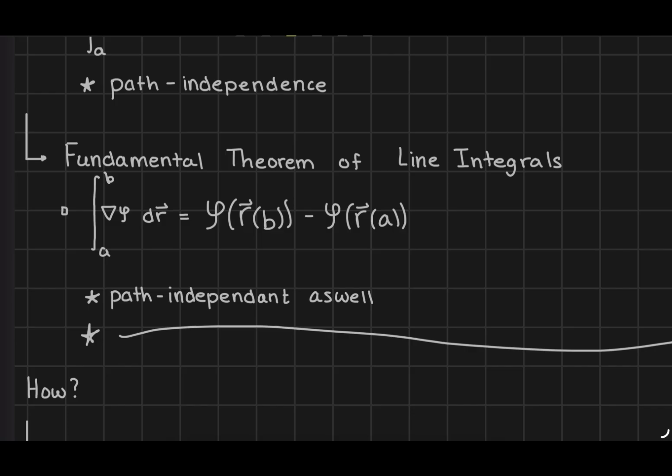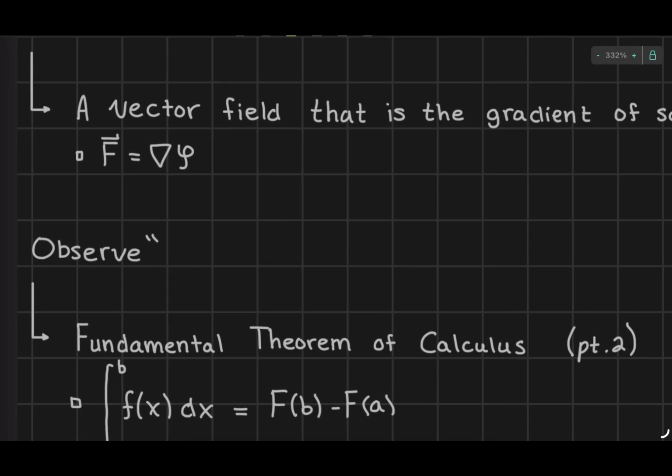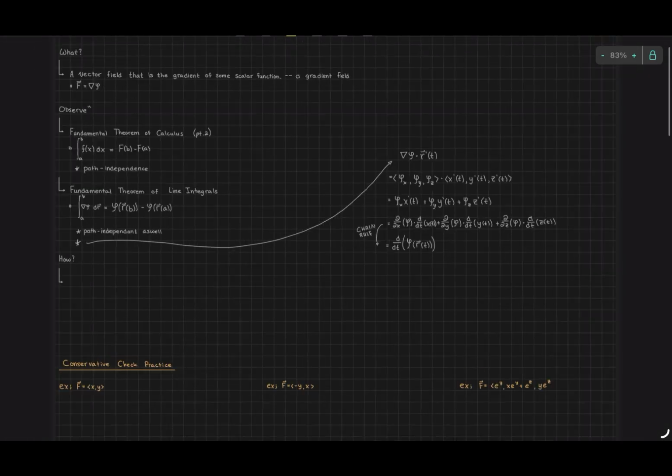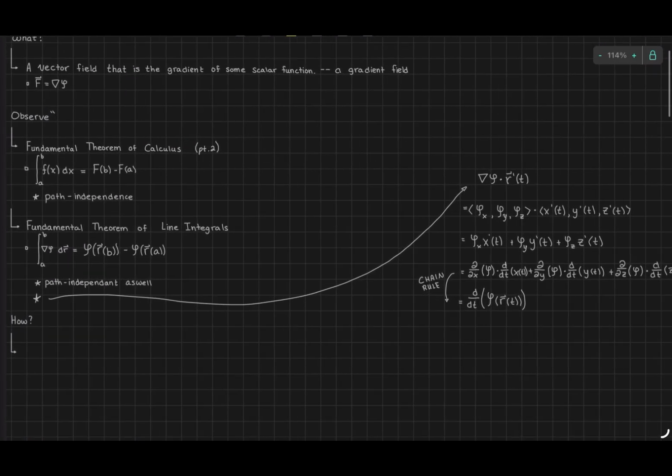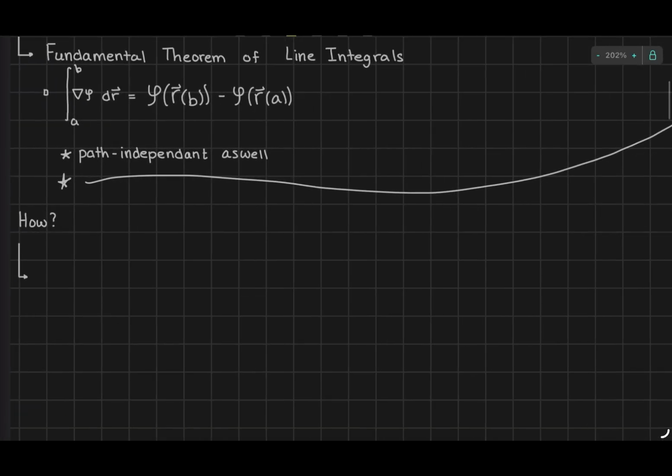So like I said, we're going to have to be given a vector field f and a scalar function phi, also called a potential function, such that our f is equal to the del of phi, or the gradient of phi, and we are going to have a parameterized path in the domain of phi.